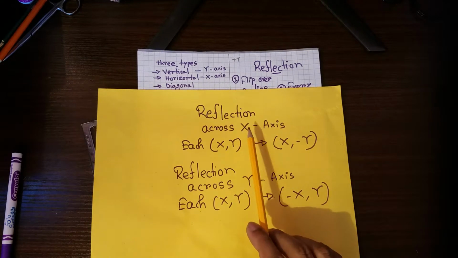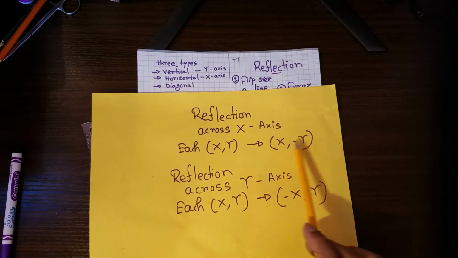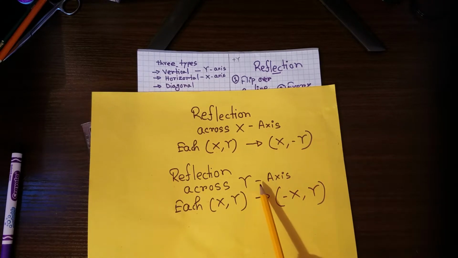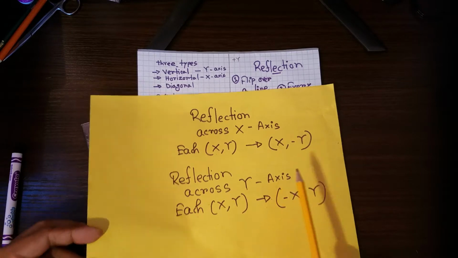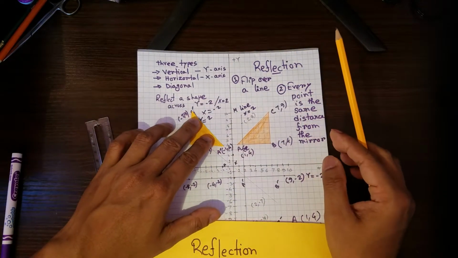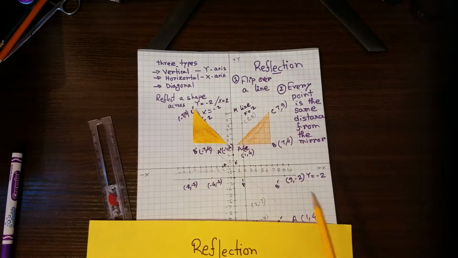Okay, if you're reflecting over x-axis, your x is unchanged and y becomes negative y. And if we do reflection across y-axis that we just did here, you can similarly do reflection across x-axis.